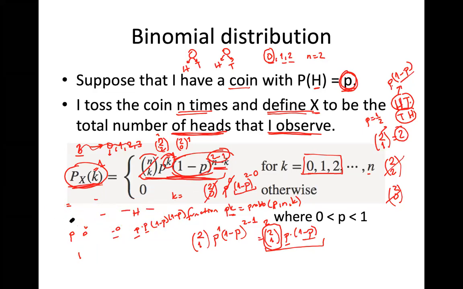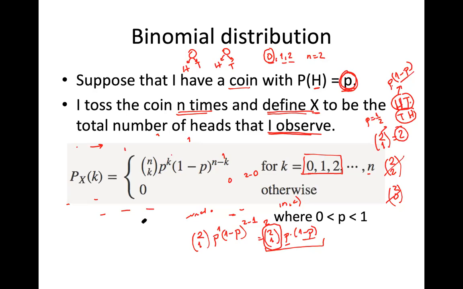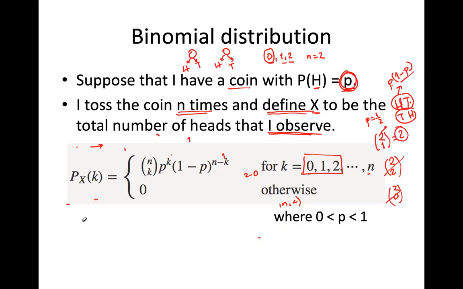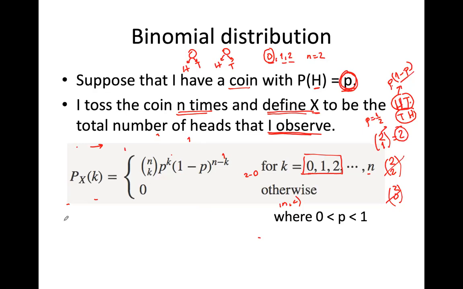So how about if I want N equals 3, everyone? If I want 3 flips. Ahmet Kayapınar, what do you think? There are 3 heads, all heads, and also... Sorry, Ahmet. What's the probability of obtaining 1 head when I flip my coin 3 times? P times 1 minus P times 1 minus P. So 1 minus P square times P. 1 head, right?